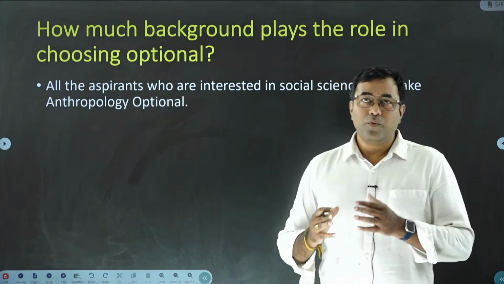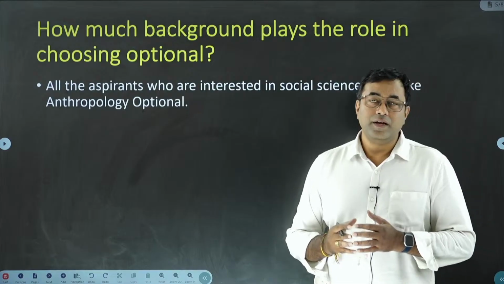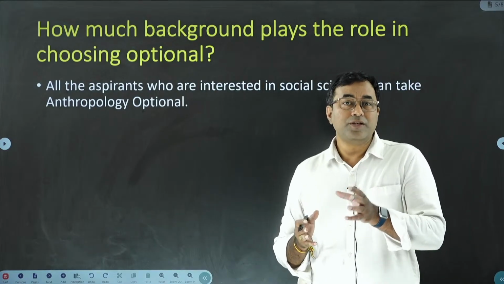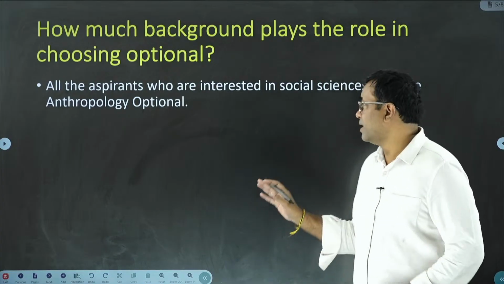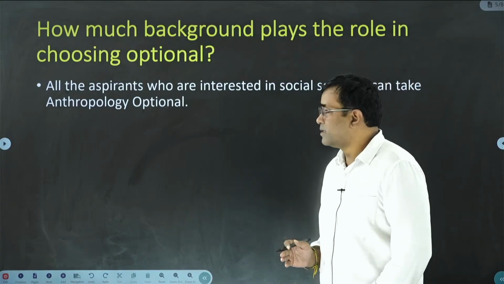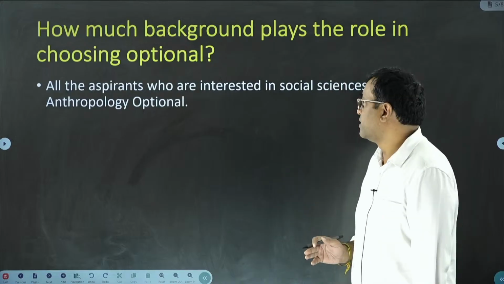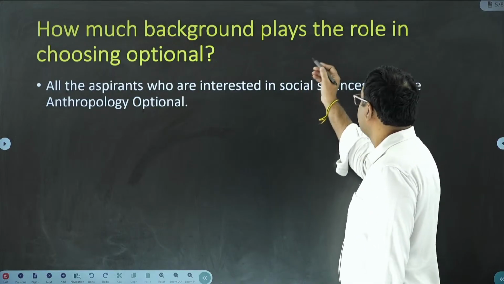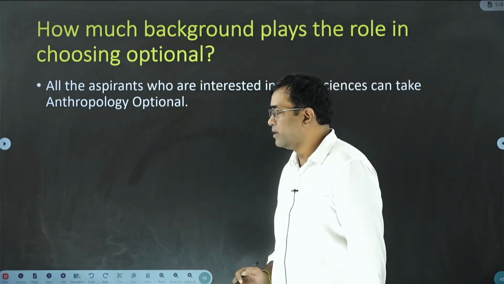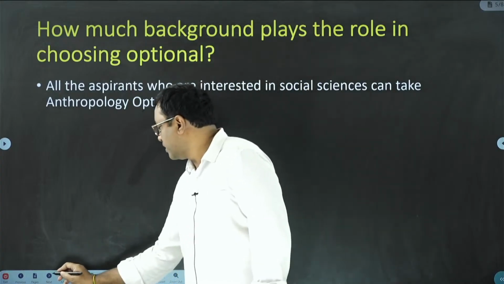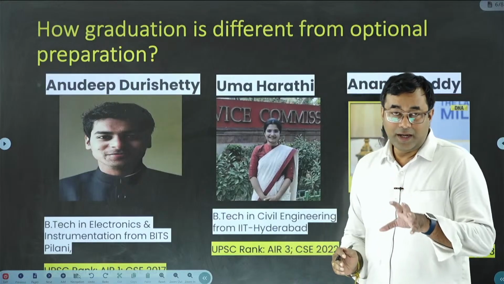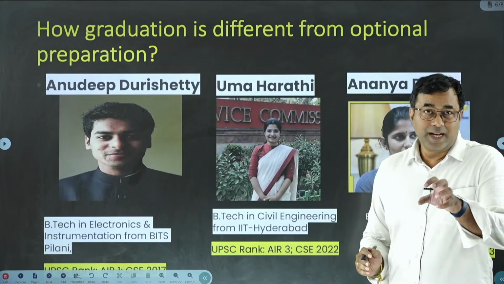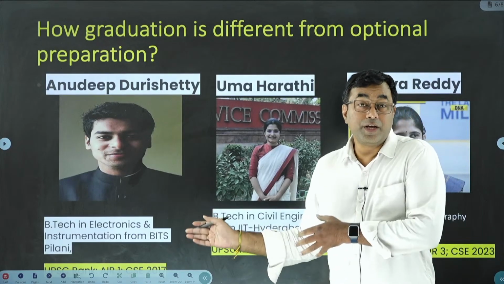They want to get a good score, so most of them are choosing social sciences as an optional. Among them, anthropology is one optional chosen by many aspirants. How much background plays a crucial role in choosing the optional, I will show with some examples of aspirants who selected anthropology optional and secured good ranks.